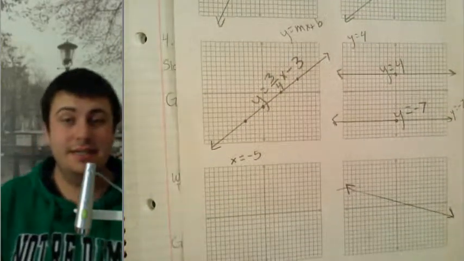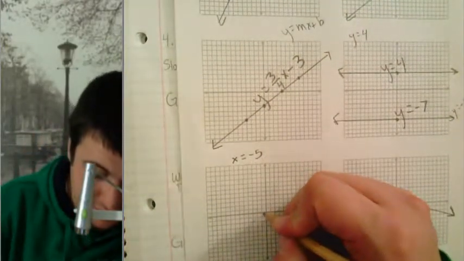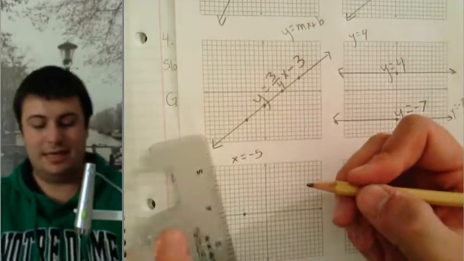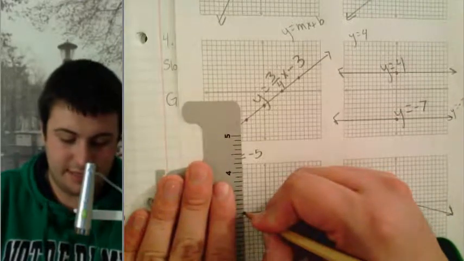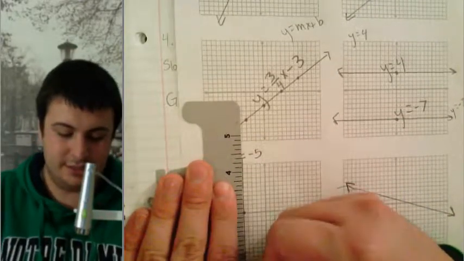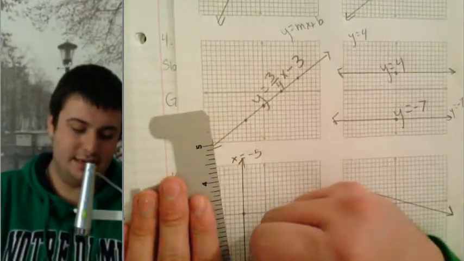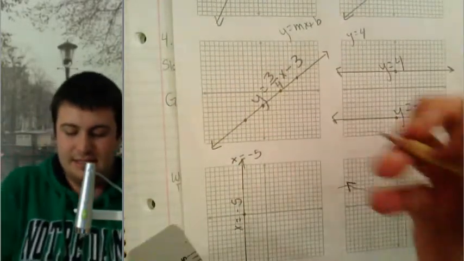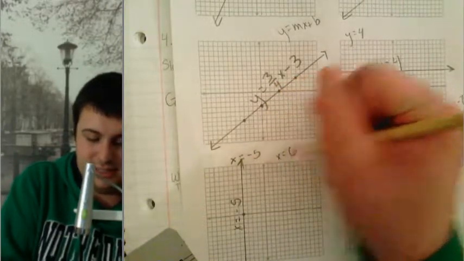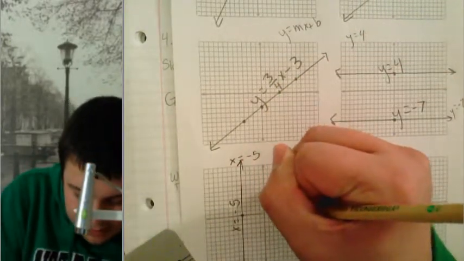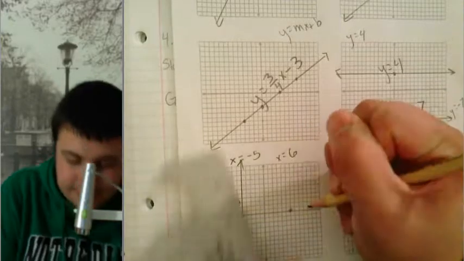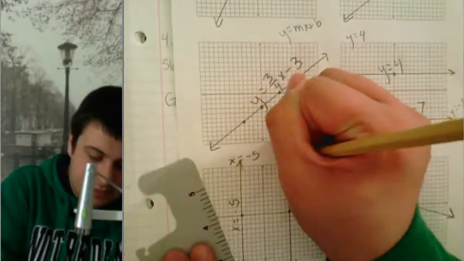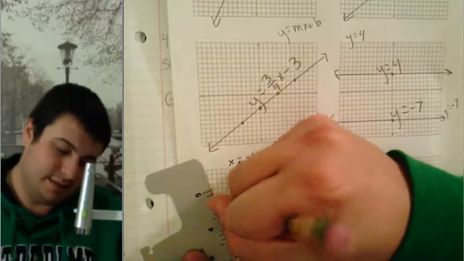We go to x equals negative 5, 1, 2, 3, 4, 5, and plot a vertical line straight up and down. What is the slope? If it's straight up and down, it is an undefined slope, and this is x equals negative 5. If we had x equals 6, we would go to 1, 2, 3, 4, 5, 6 right there, go straight up and down, labeling it x equals 6.